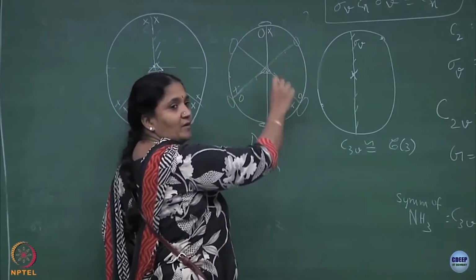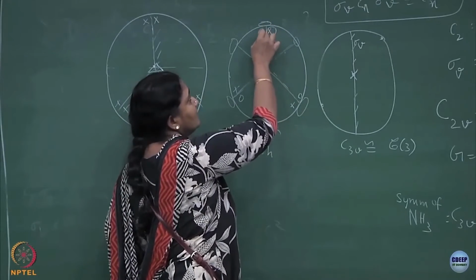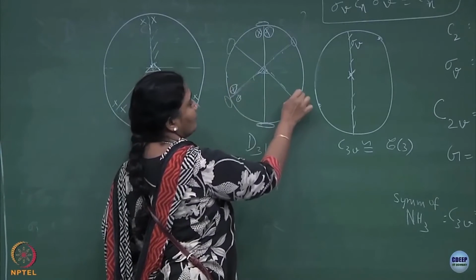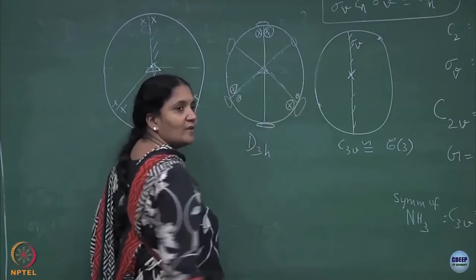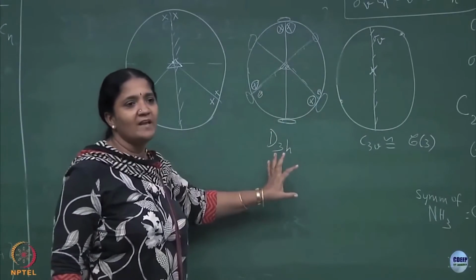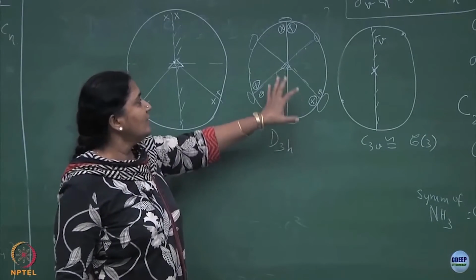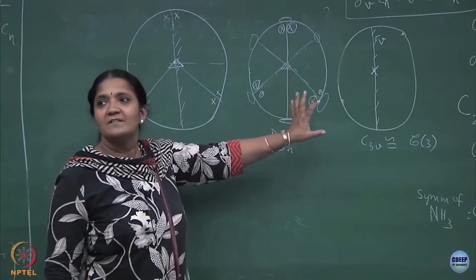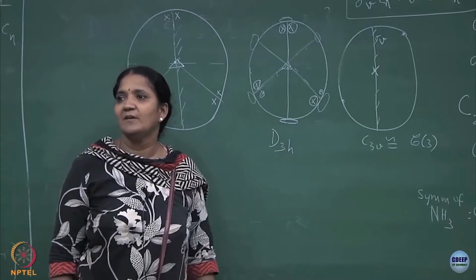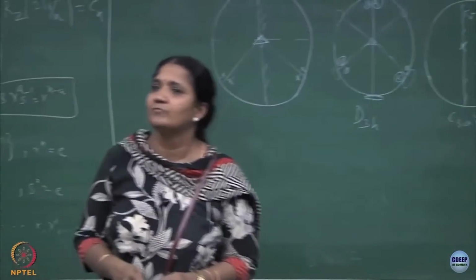So, when you have a mirror, this cross will go behind also, the behind one will come up and so on. In fact, looking at these points you should know how many elements are there in D3H. So, D3H will have how many elements? 12 elements.